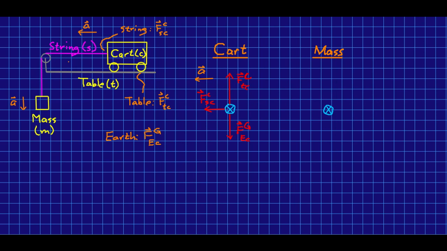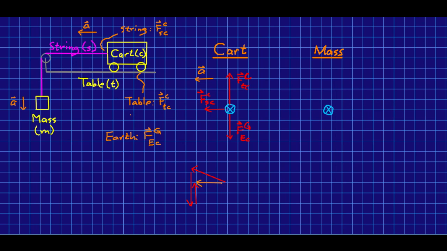Notice that I've made the string horizontal. If I hadn't, this force wouldn't be horizontal, but we certainly expect the vector sum of forces on the cart to be horizontal, and so if this force wasn't horizontal, we could have a rather complicated situation where we still have to get a sum of forces that's horizontal, but that would tell us that the vector sum of forces would be equal to only the horizontal part of the force exerted by the string.